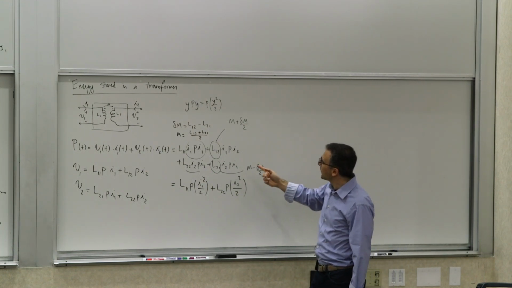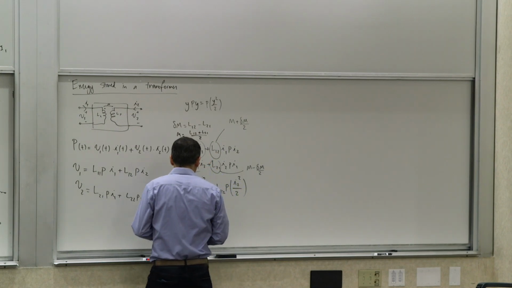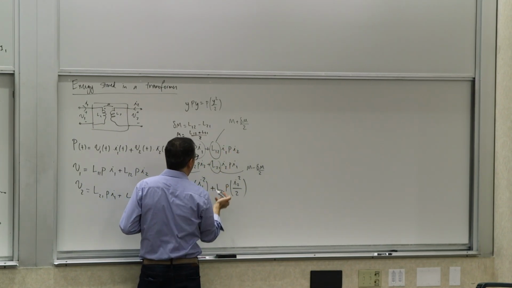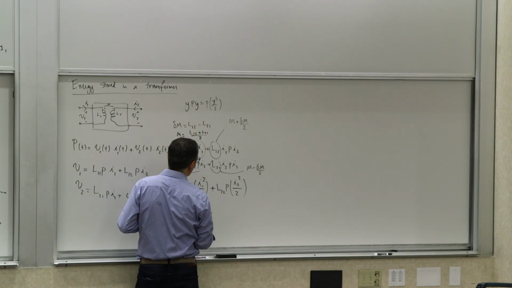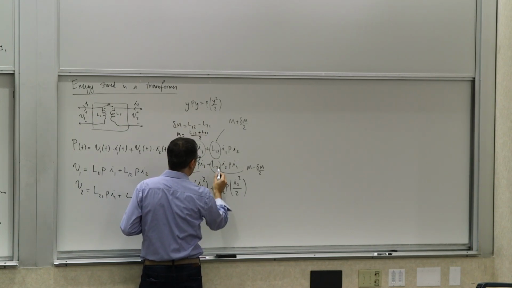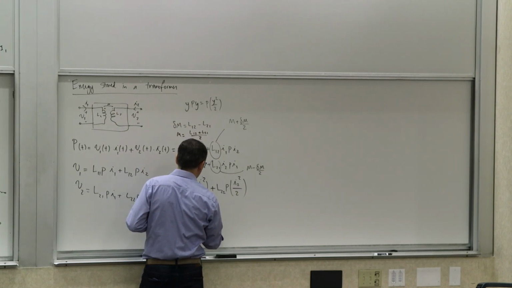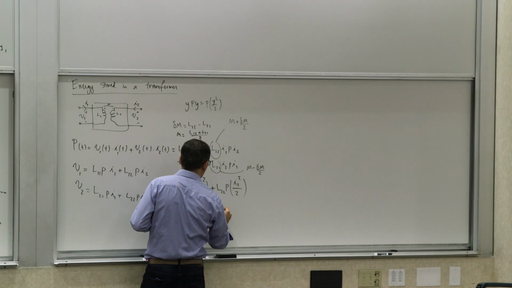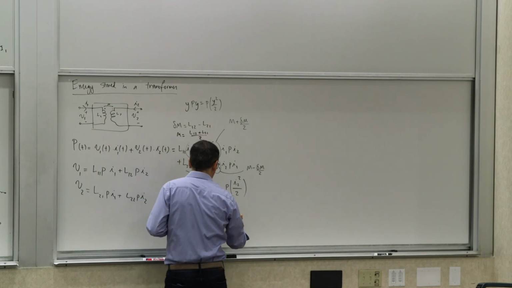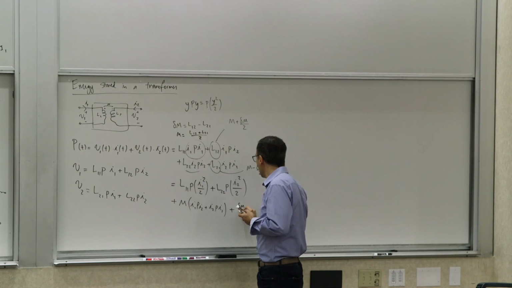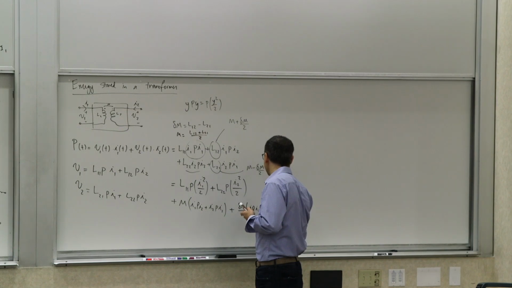If you do it this way, then it leaves two sets of terms. The first set is the one that has m, so we can keep those two together. So you get the m part, and then you get I1 pi2 plus I2 pi1. That's the common part, plus delta m over 2 times I1 pi2 minus I2 pi1.